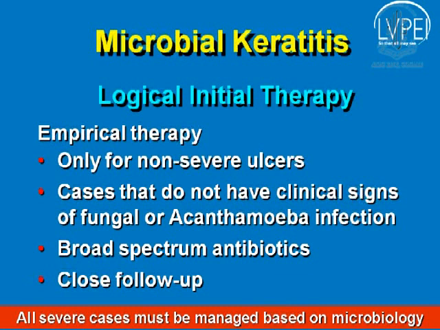Rather, all patients who are treated with empirical therapy must be examined again within 24 to 48 hours to understand the response to empirical therapy. And all severe corneal ulcer cases must be treated based on microbiology. So if you do not have a facility for microbiology, refer them to a center where such facilities exist.